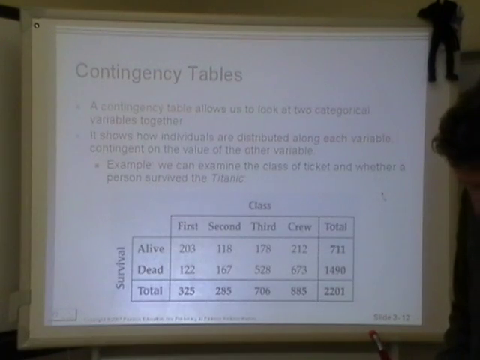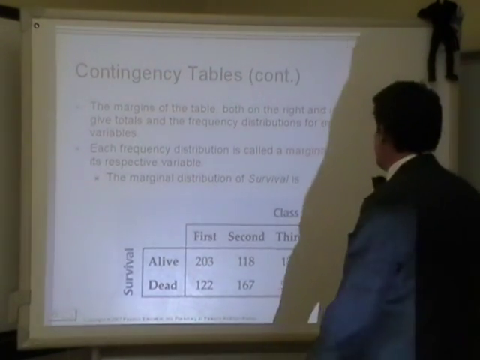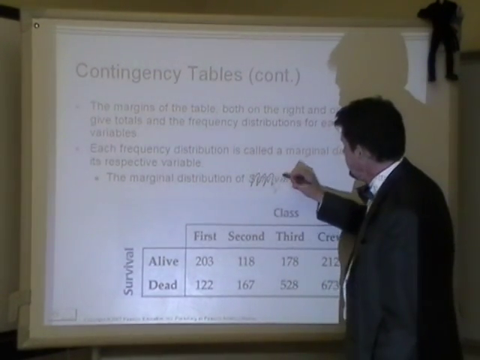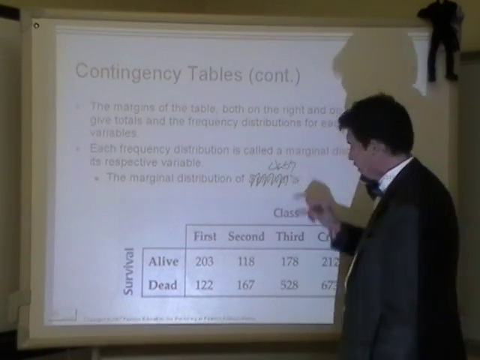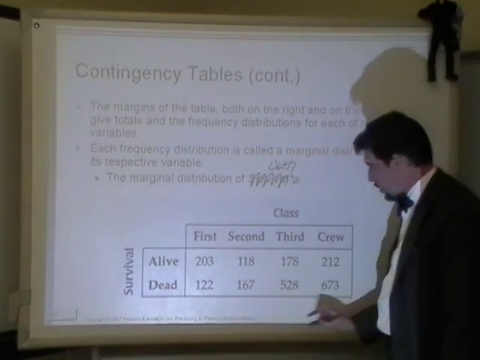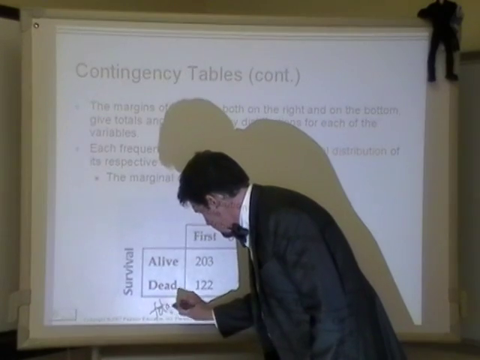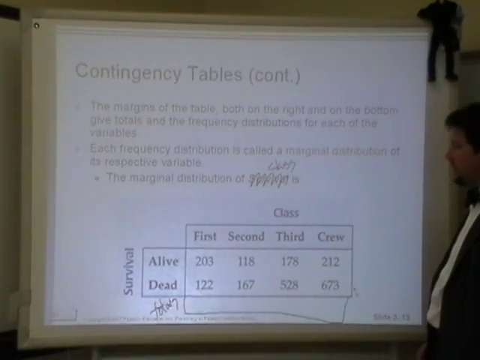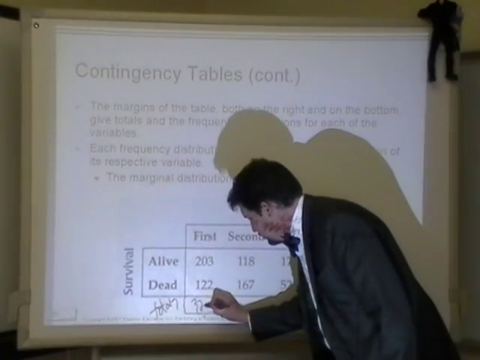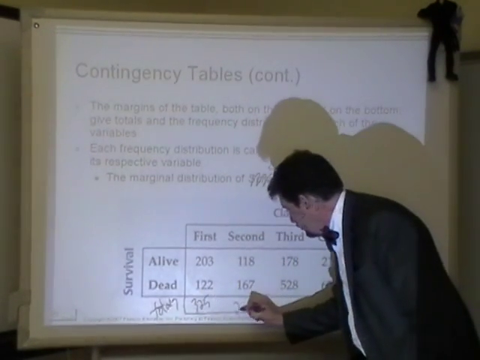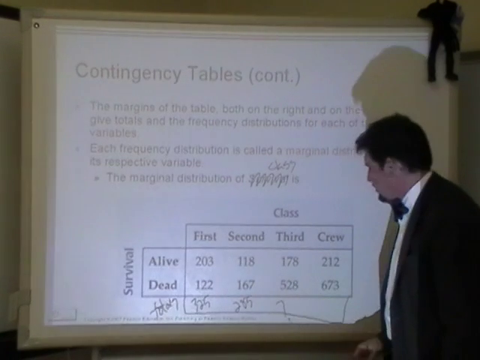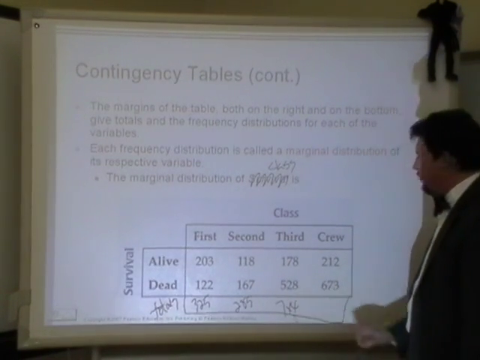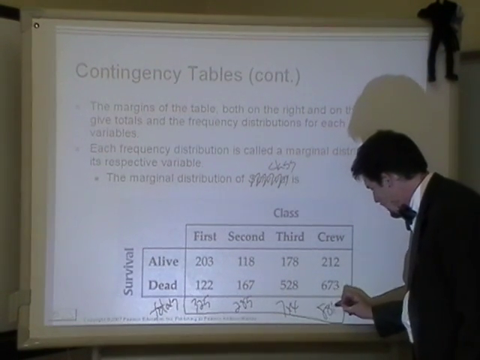If I erase that real quick and I say, what is the marginal distribution for class? Then we're looking for the totals in the margins, and the margins are the edges of the class. There was 325 people first class, 285, 706 for third. I remember this one was 885.